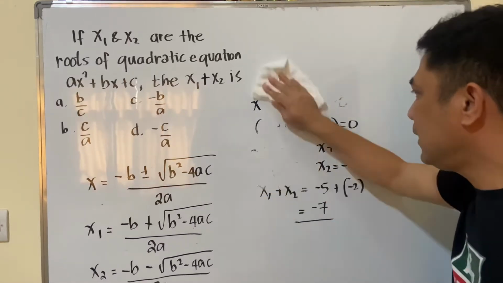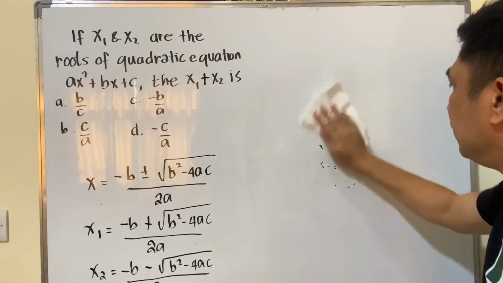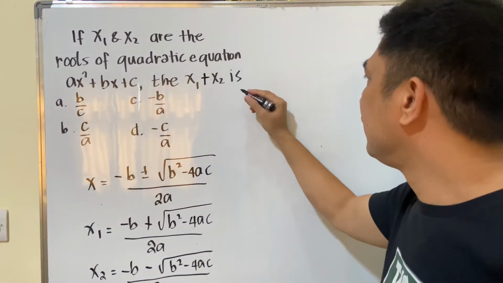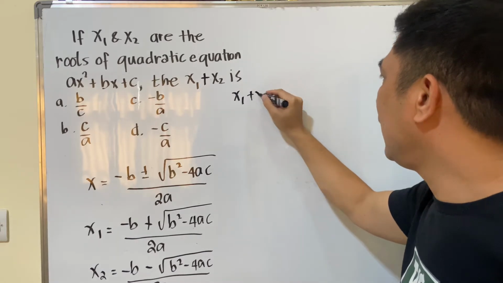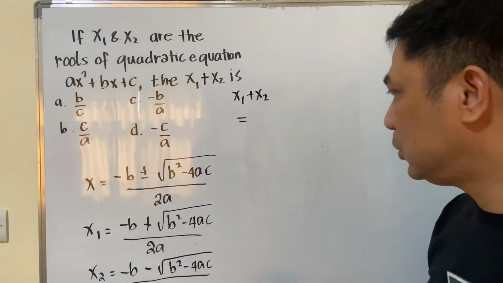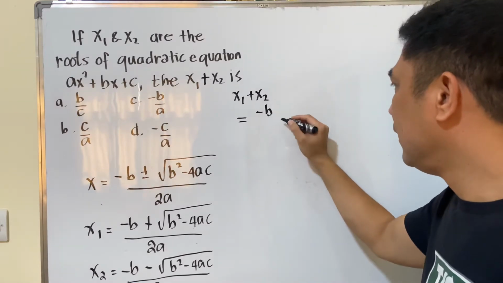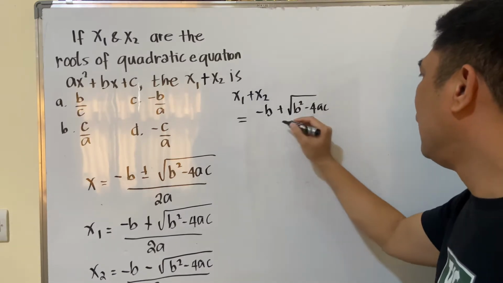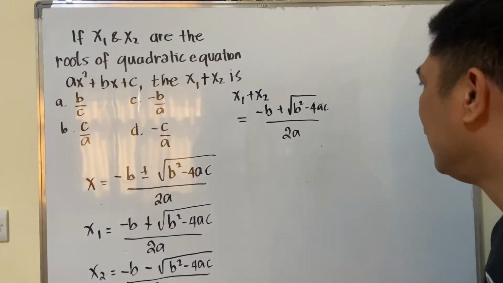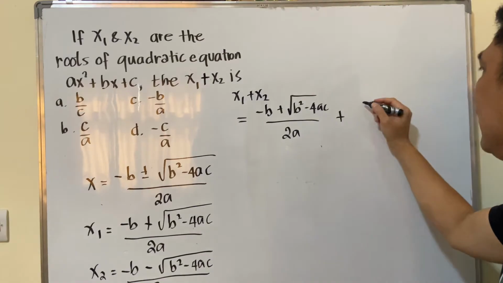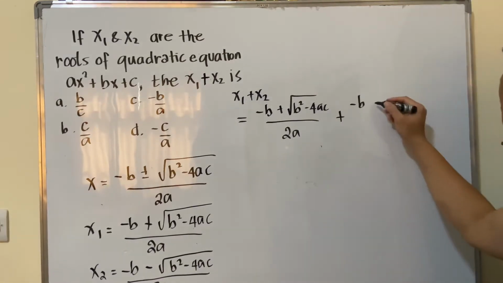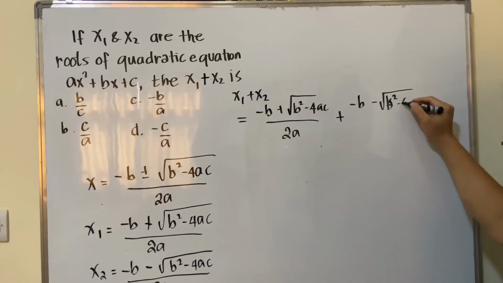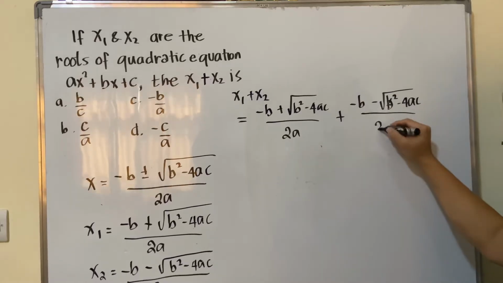So if I may erase this first. Okay. So x1 plus x2 will be equal to the first root, which is negative b plus the square root of b squared minus 4ac over 2a, plus again negative b minus the square root of b squared minus 4ac over 2a.